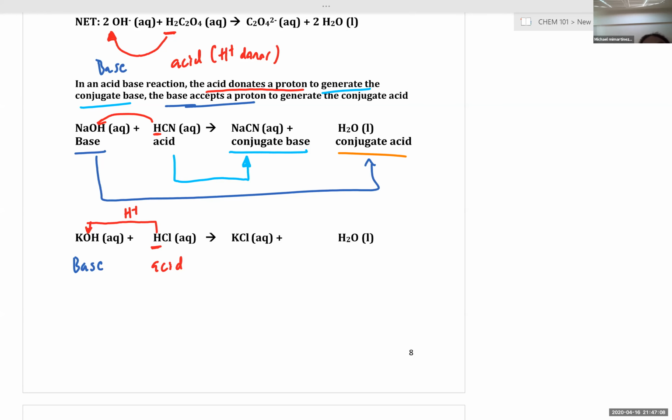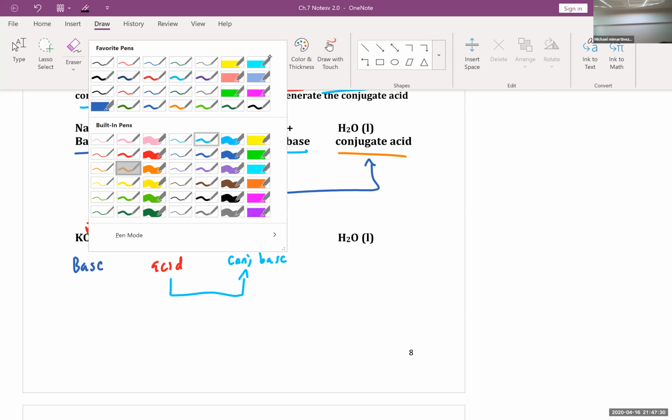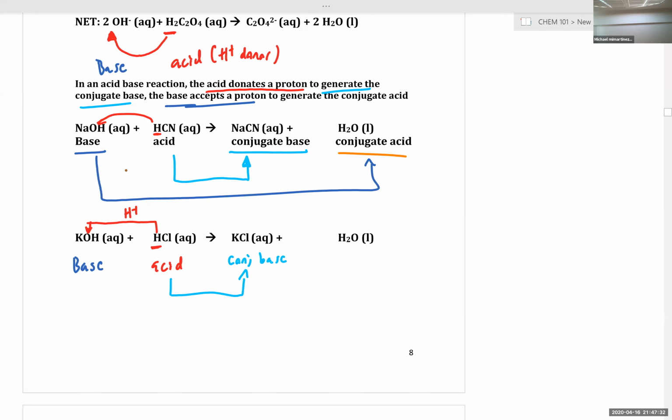Which species is the conjugate base of hydrochloric acid? Which species matches hydrochloric acid with one less proton? KCl, exactly right. This is our conjugate base. And what species is the conjugate acid of potassium hydroxide?